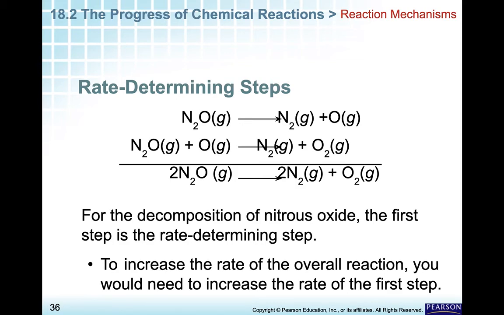Experimentally, this step is the slower of the 2. So to make the whole reaction faster, you would need to increase the rate of the first step. Making the second step faster wouldn't help any, because it's already fast. Your slow step is the first one. This is the one limiting your reaction. This is the one you would need to speed up the overall reaction.